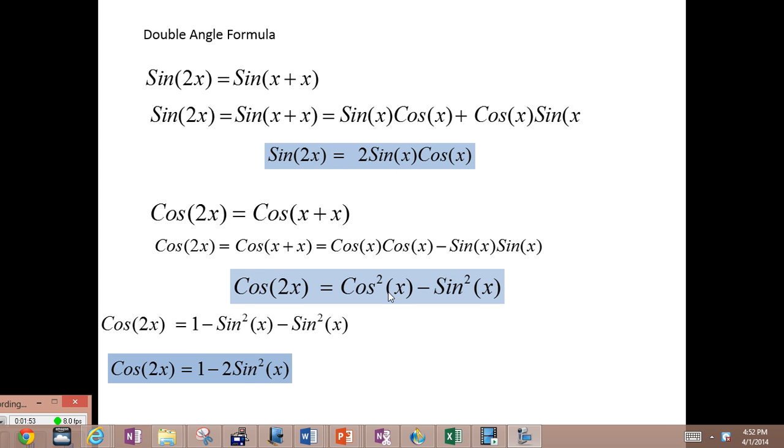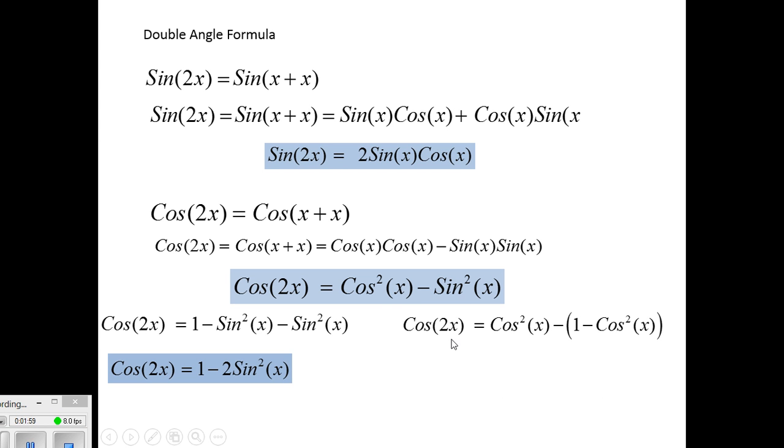And you might say, well, why couldn't we come over here and say that sine squared is 1 minus cosine squared? Well, in fact, we can. That's what we're going to do over here. Sine squared is 1 minus cosine squared. So when this is all said and done, we end up getting this as an alternate form for the cosine of the double angle.